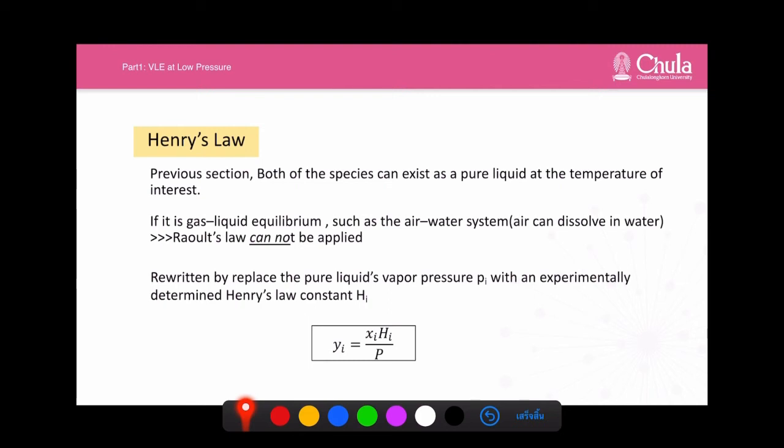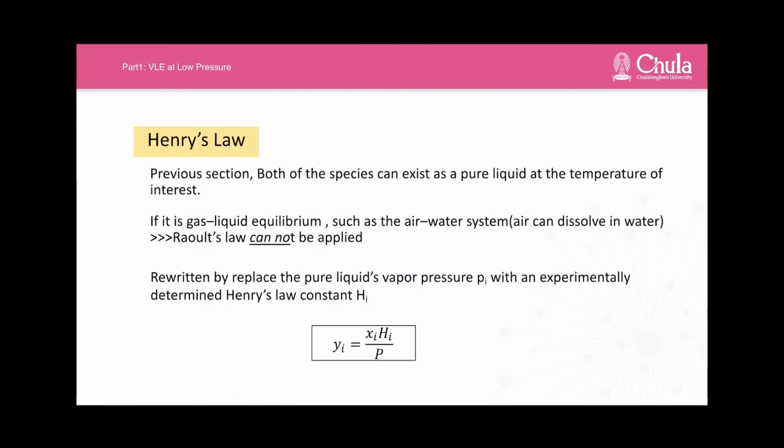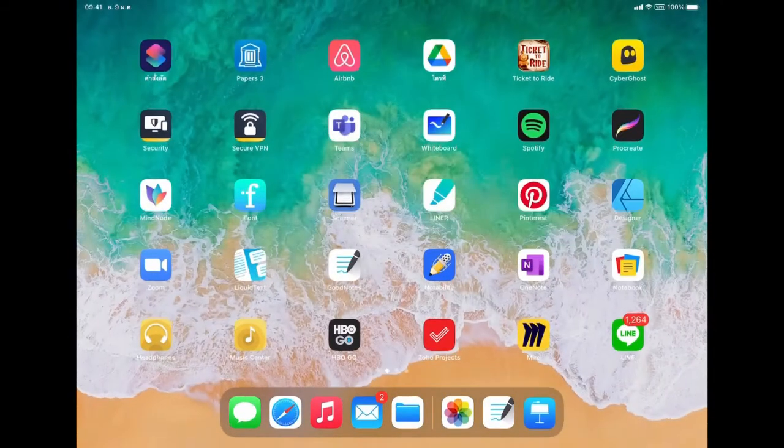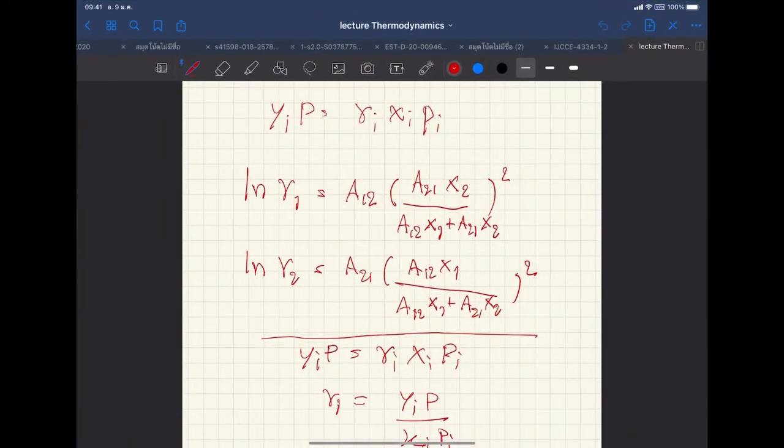Well, if we want to study a system where the vapor phase cannot be condensed, for example, vapor liquid equilibrium of water and nitrogen gas. Last time we use this model, right? Modified Raoult's law.